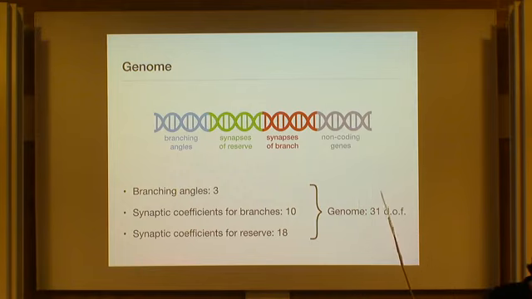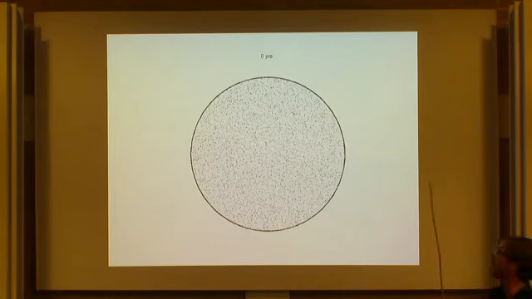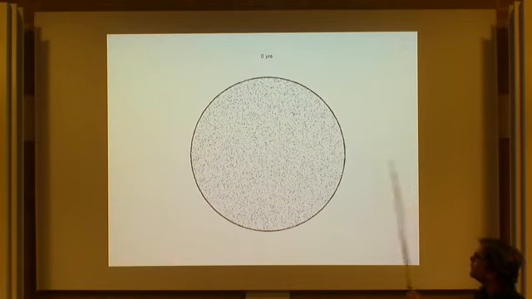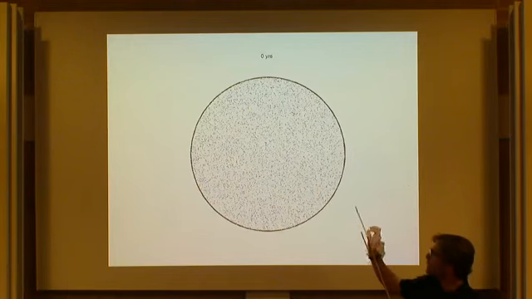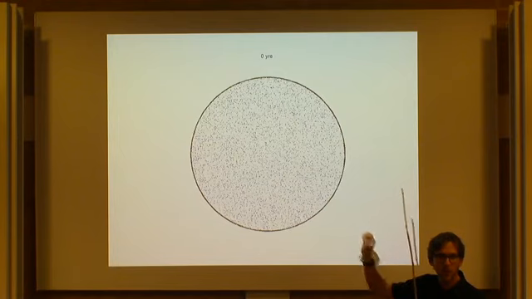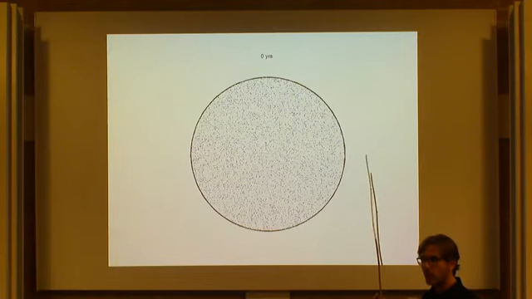And of course, it's difficult to formulate mathematically, but one way to not solve it, but to simulate what's happening in nature, is to simulate evolution. So we take an island, so it's a circle, and at the beginning of the simulation, I'm seeding trees with random genomes. And I let them compete, and they compete for light.